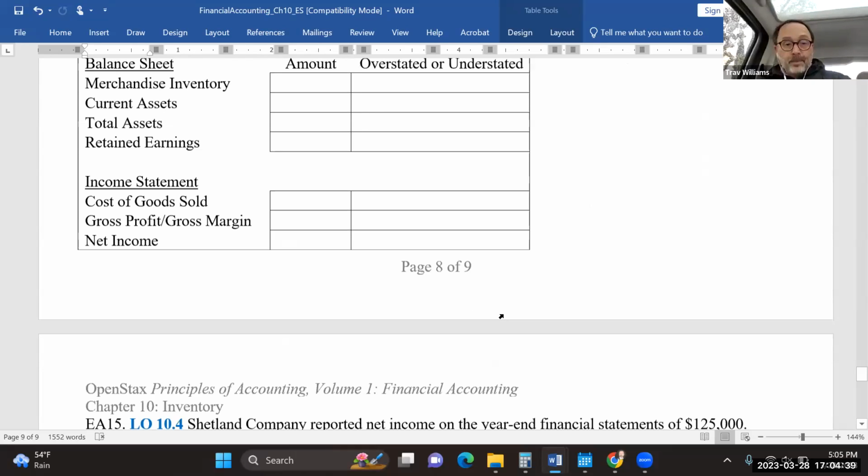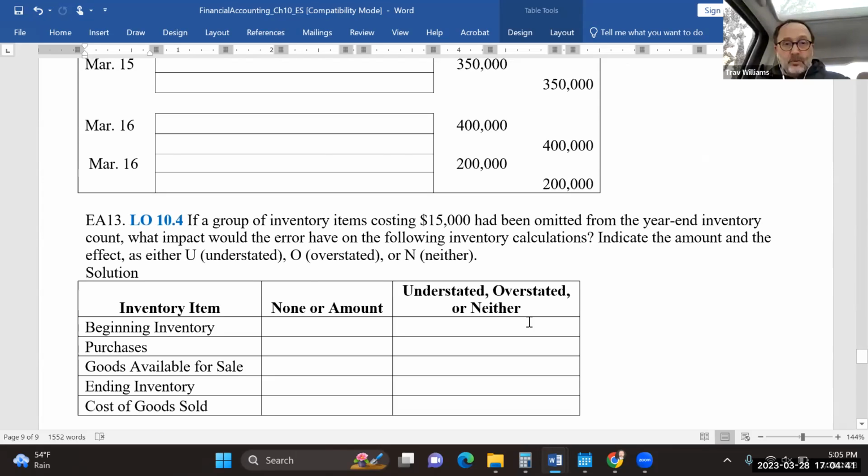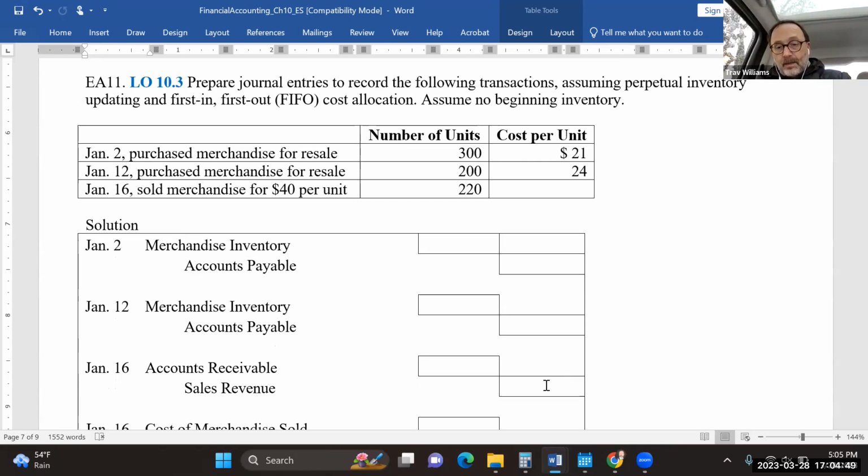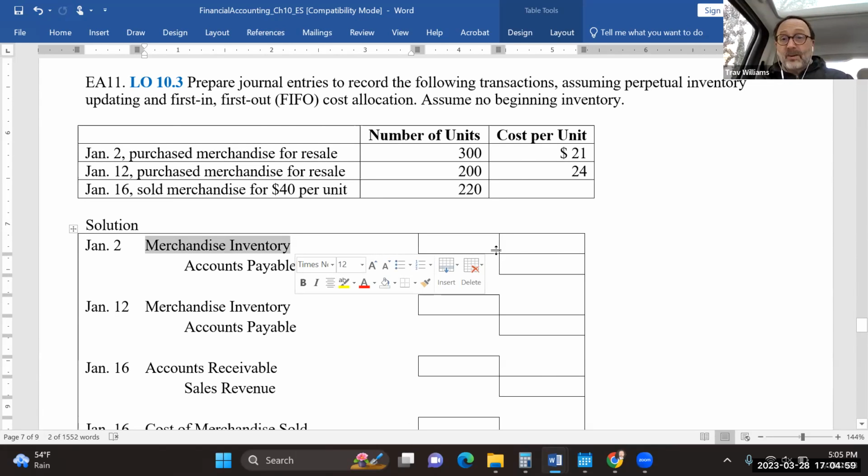Then we have a sale, 220 units at $40 each. Like we saw before, that's $8,800 of sales revenue and accounts receivable. But because we're doing the perpetual inventory method, we have to also record the cost of goods sold. So which cost do we use? Well, it says we're using FIFO, right?